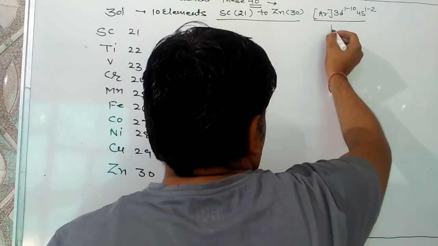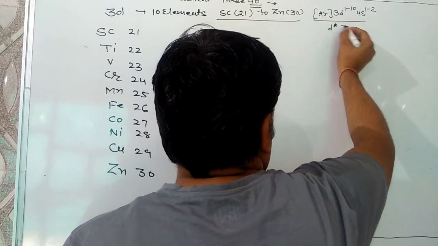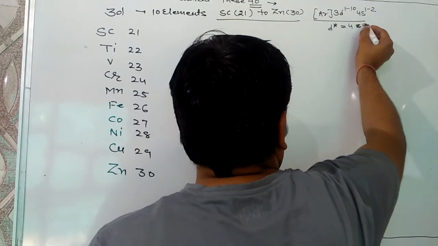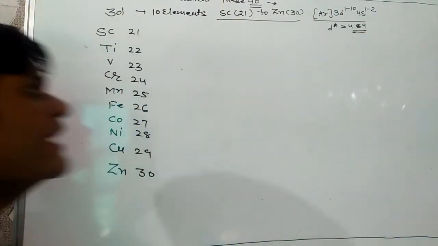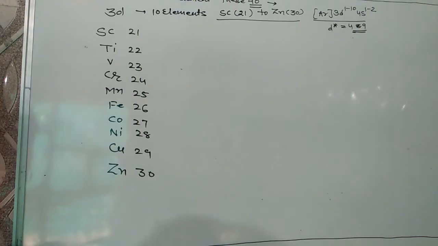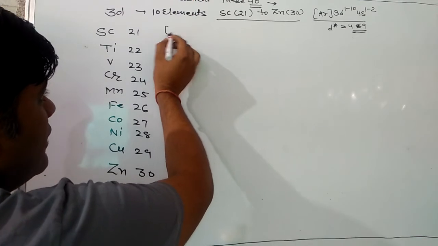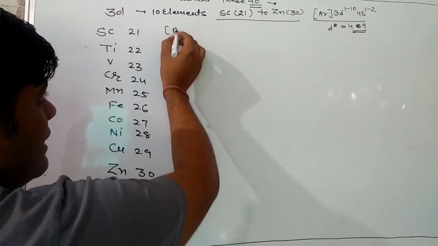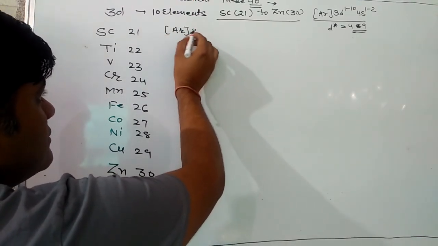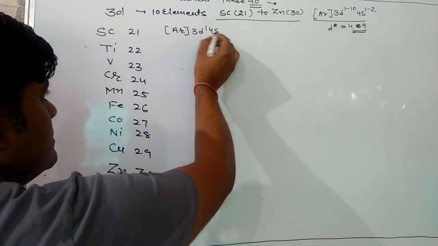Keep it in mind, d shouldn't have 4 and 9 electrons, due to extra stability of half filled and fully filled electronic configuration. So the electronic configuration of scandium will be argon 3d1 4s2.